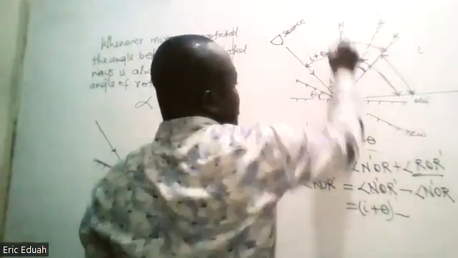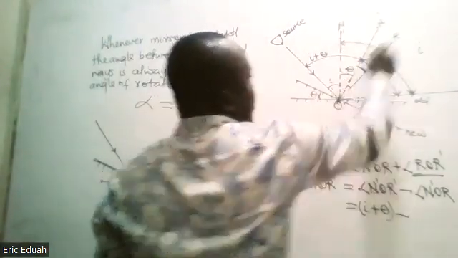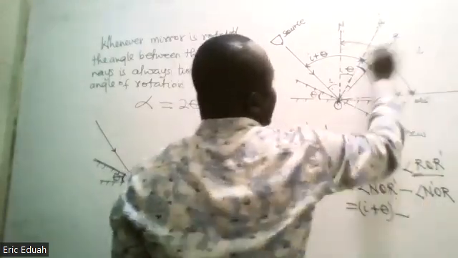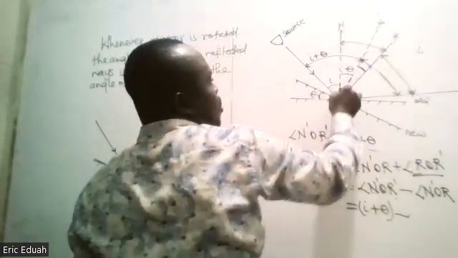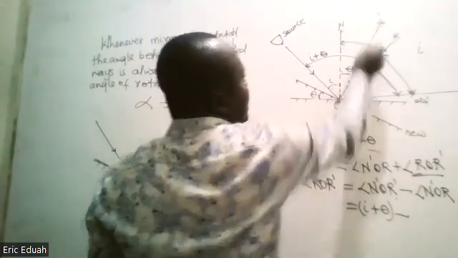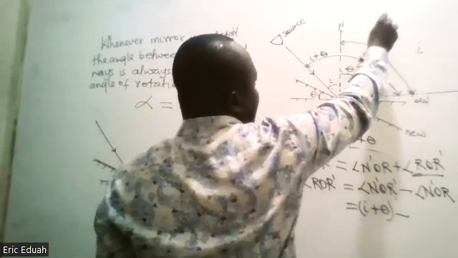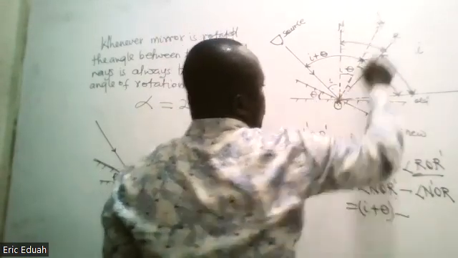Angle N O R is I, and angle N O N prime is theta. Then I can easily find angle N prime O R.